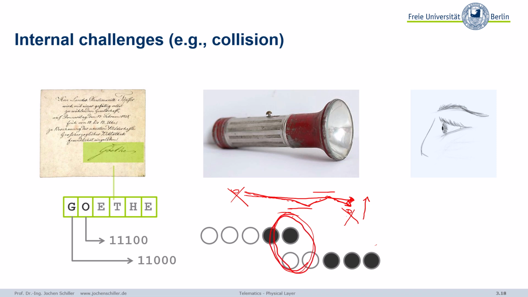And if you have overlapping signals, this will create, in this case, a gray value, or at least this is not a clear 0 or clear 1. Yet another challenge. And we will see that even in fiber optics of today, we have this problem.